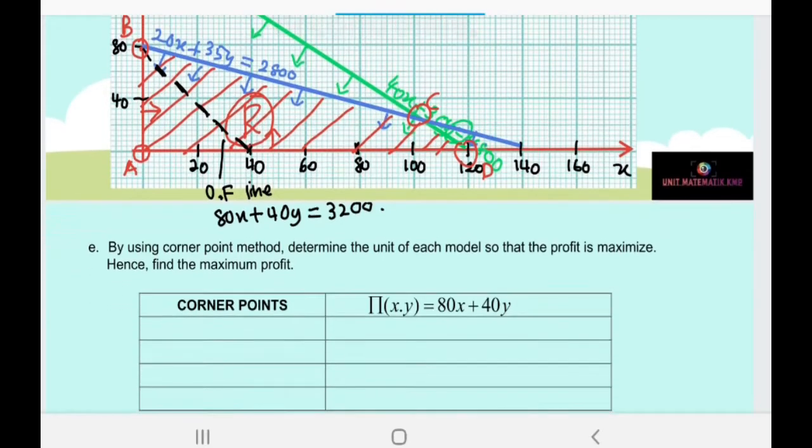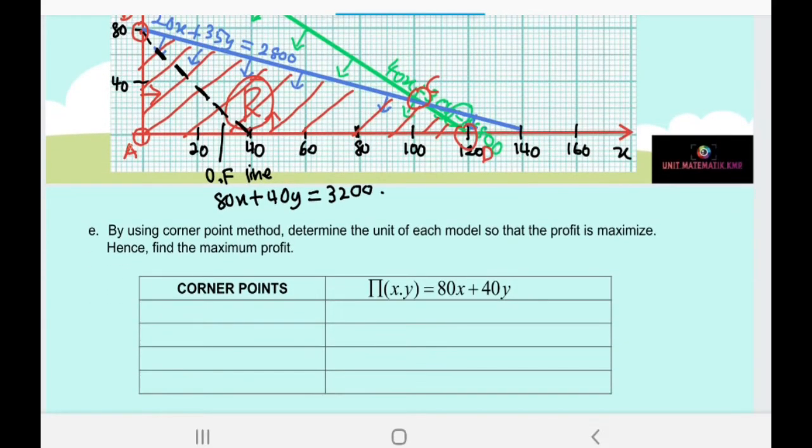Okay, so for the first, A, we know that it is 0, 0. And then for B, we know that the point is 0, 80. And also D, we already know the point is at 120 and 0.